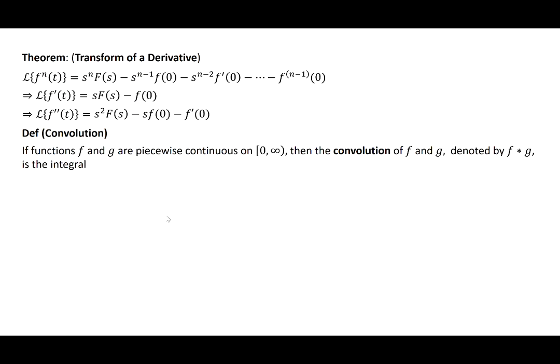If functions f and g are piecewise continuous on 0 to infinity, then the convolution of f and g, denoted by f star g, which you read as f convolved with g, is the integral from 0 to t of f of tau g of t minus tau d tau.